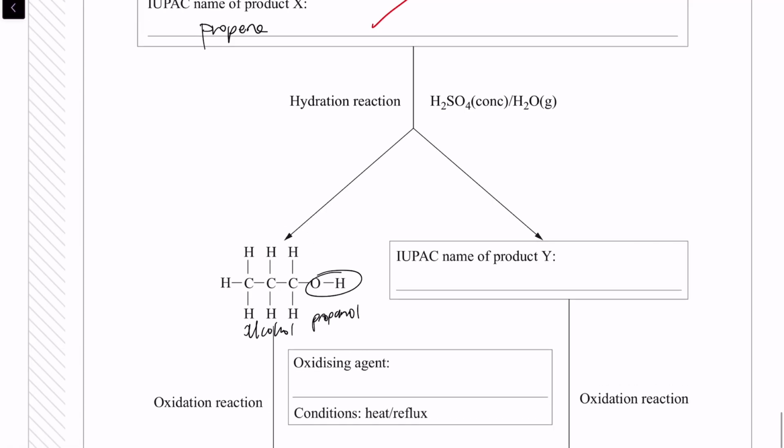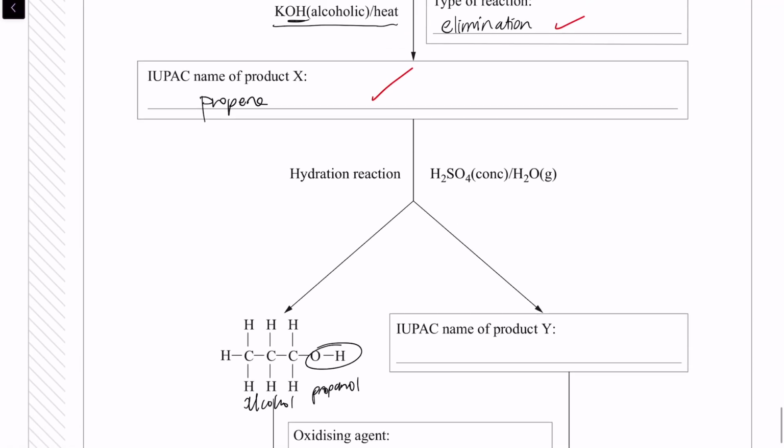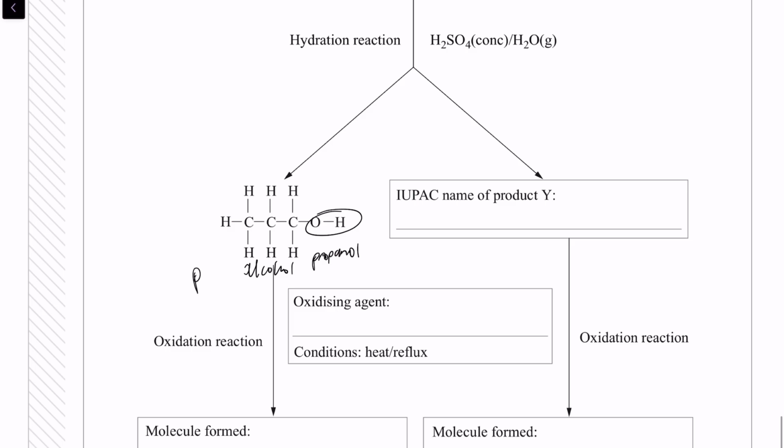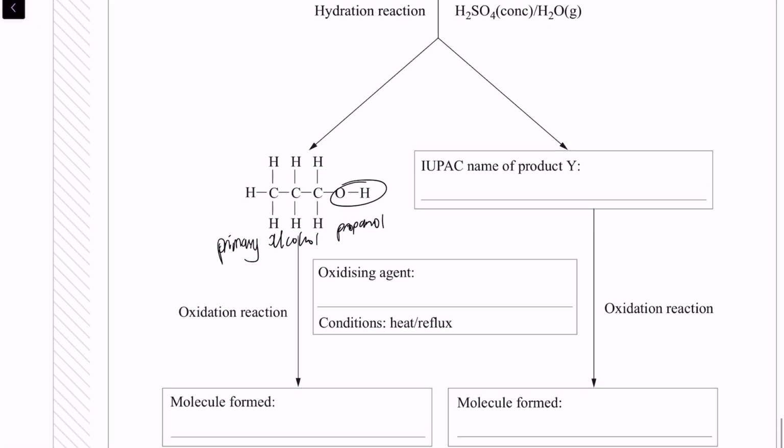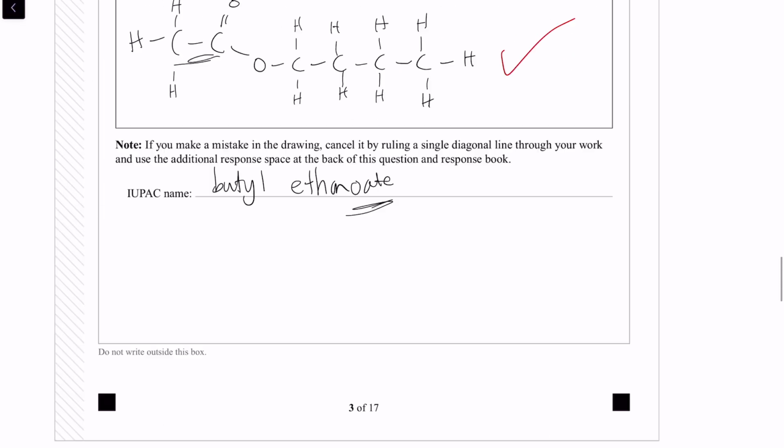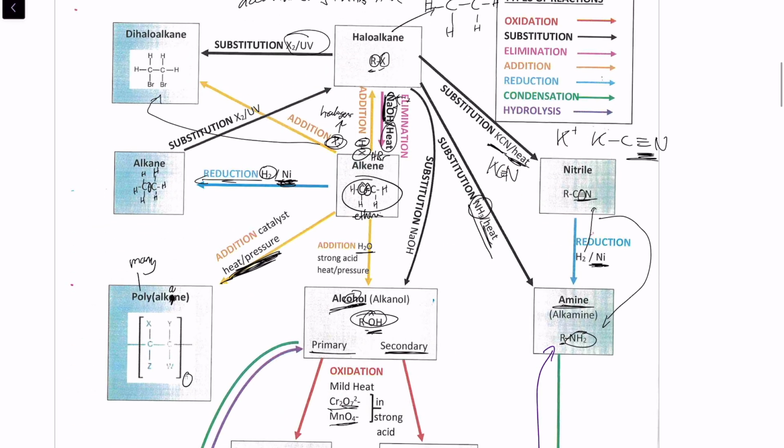Okay, but we can also get a different type of alcohol. This would be a primary alcohol, because the OH hydroxyl group is on the first carbon. Well, we could have it on the second carbon, actually. So that would be propan-2-ol.